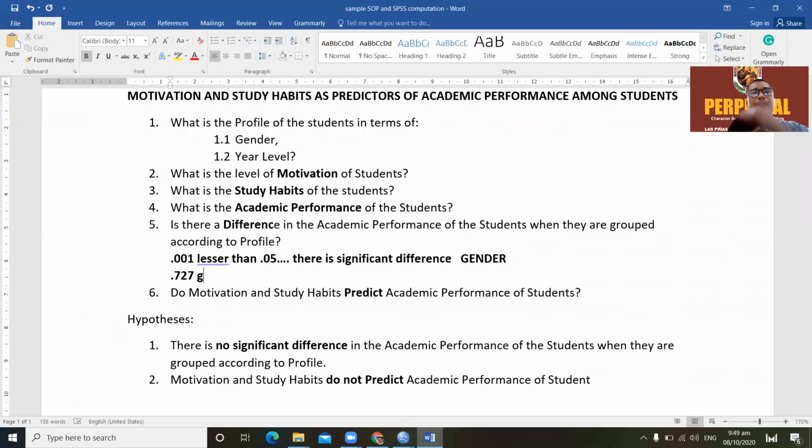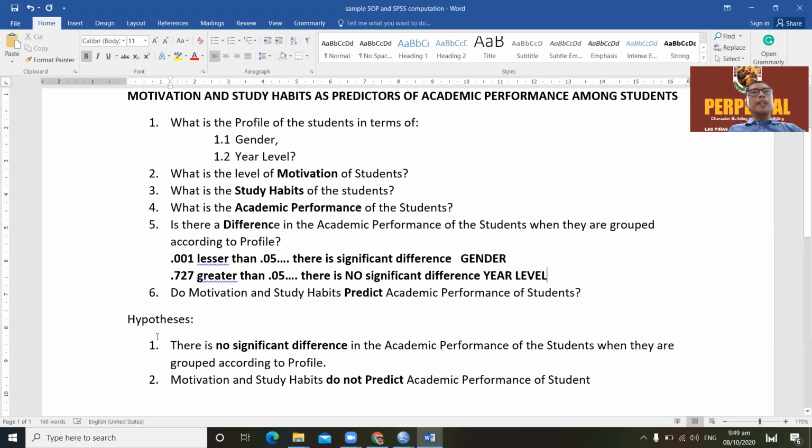0.727 is greater than 0.05. Therefore, we would say there is no significant difference when you try to compare them by year level.